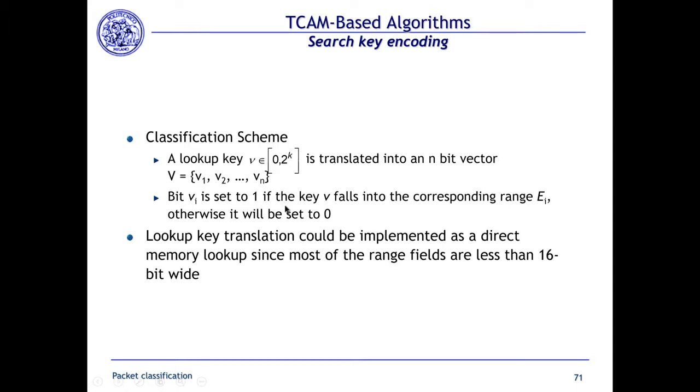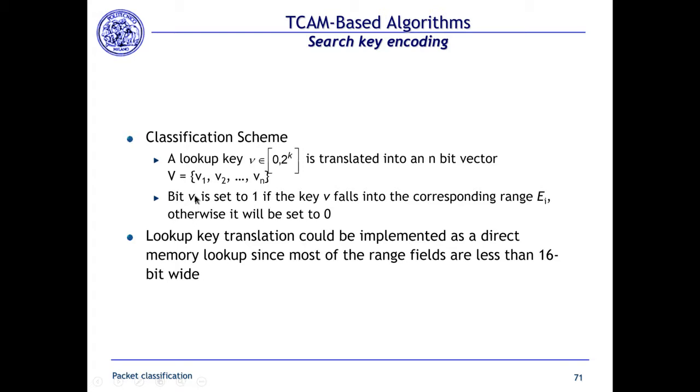And when we do the classification, before doing the lookup into the TCAM, we have to encode the incoming packet, so that when we take the value of the second field, in this case the port number, we transform it into this bit string.